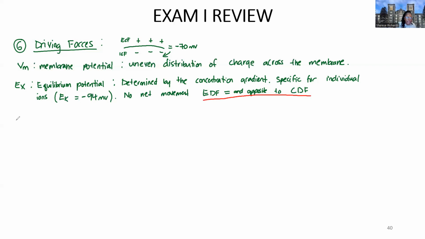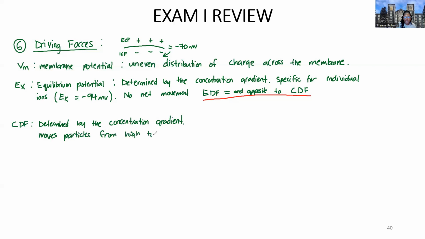Let's think about the CDF and EDF. So just to describe the factors that determine those. The CDF is determined by the concentration gradient. Okay, and this wants to move particles from high to low concentration.